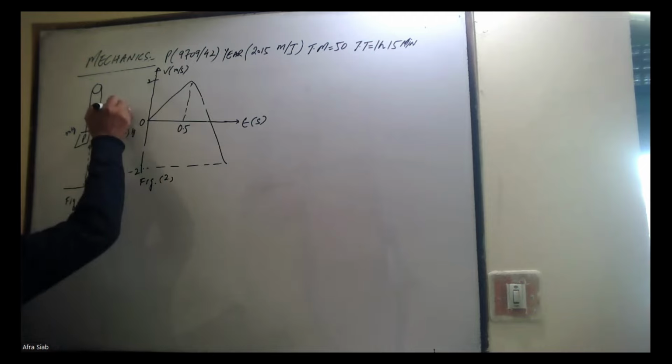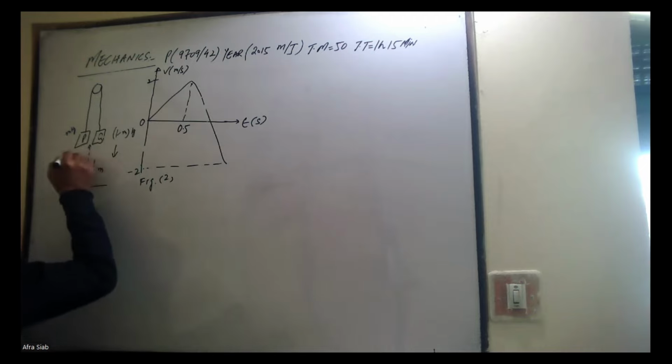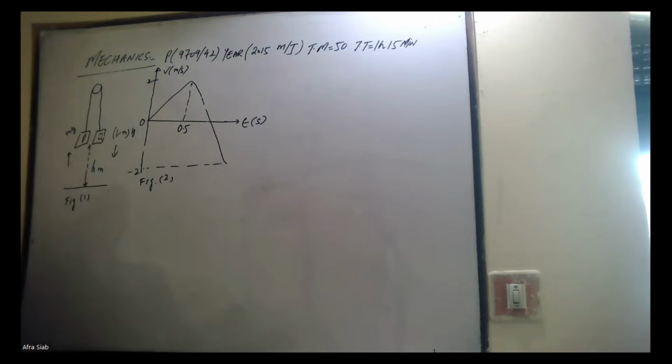And they have mentioned that Q is moving downward and P is moving upward. But when Q hits the ground, it means it has covered a height h meters above the ground there. And we are going to find out the height h of this particle there.